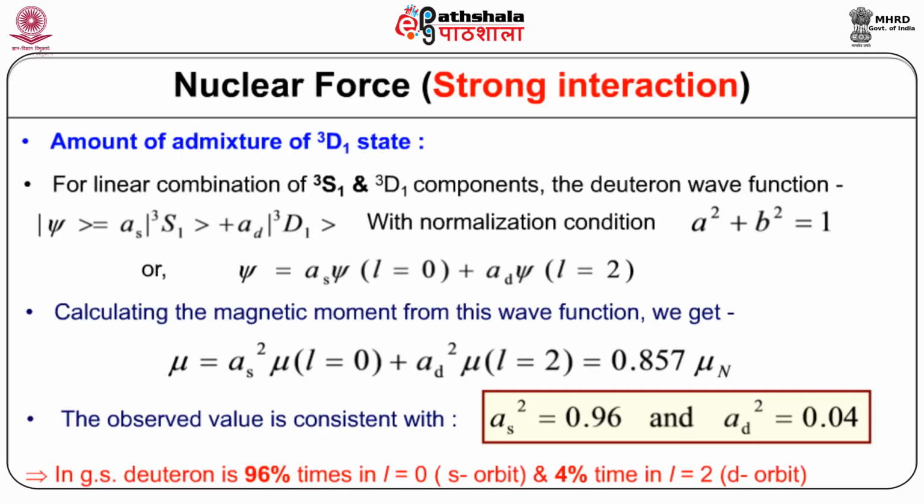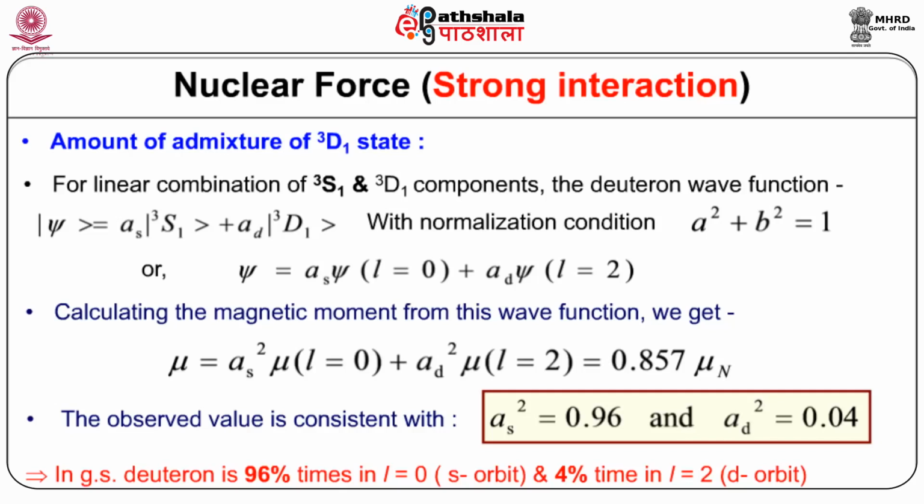The 3S1 component is because of the L equal to 0 contribution, and the 3D1 component is due to the L equal to 2 contribution. So for a linear combination of 3S1 and 3D1 components, the deuteron wave function is given by psi equal to a psi(3S1) plus b psi(3D1), with the normalization condition that a square plus b square is equal to 1.